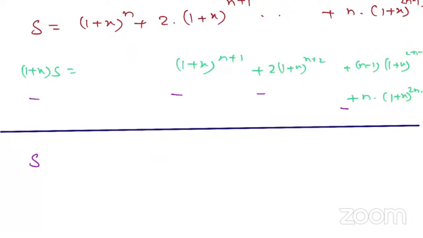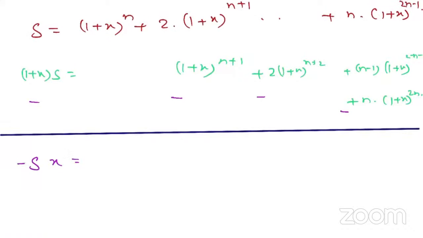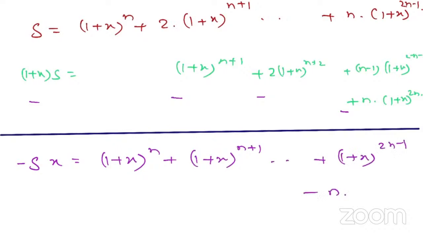S minus, of this, plus 1. So 1 cancels out. This is minus x, so only minus x is there, is equal to 1 plus x to the power n plus 1 plus x to the power n plus 1 up to 1 plus x to the power 2n minus 1, minus n times 1 plus x to the power 2n.